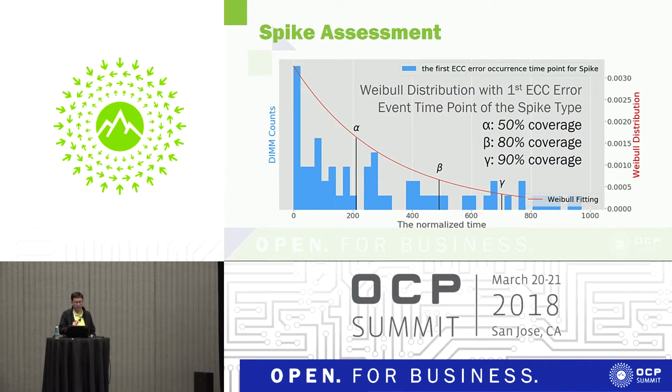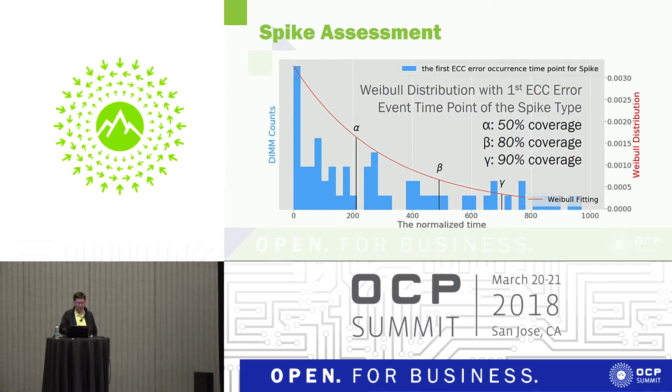In this graph, we focus on spike first. Those data are just for the defective DRAM we pick up. Through the Weibull distribution, the first ECC error distribution looks like that. You can see it's around 500 for 80% coverage and 700 for 90% coverage.